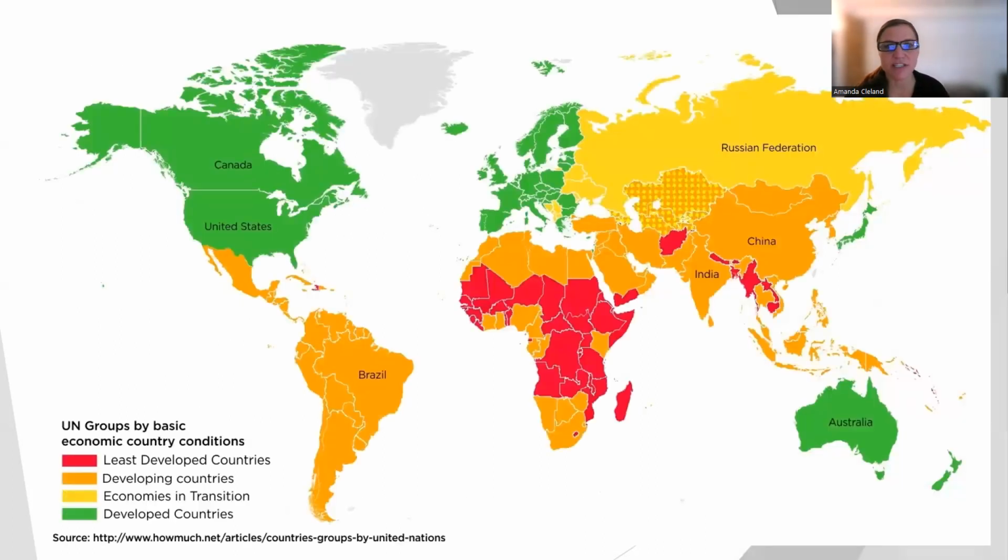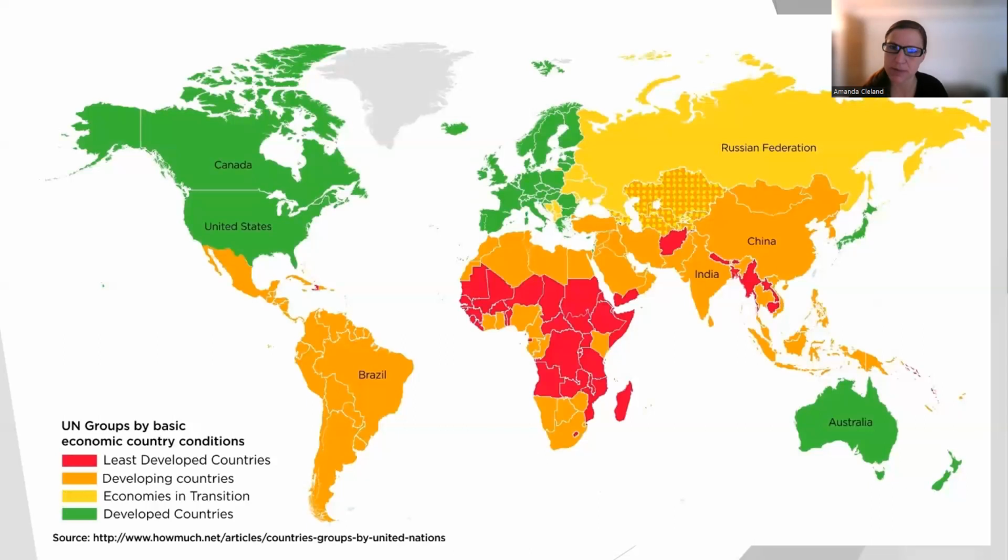And this is from the UN, just to give you a gauge of where developed countries are and developing countries. So anything in green is considered a developed country. So we've got the US, we've got Canada, we've got Australia, we've got Western Europe, Japan. Anything in yellow is considered an economy in transition.